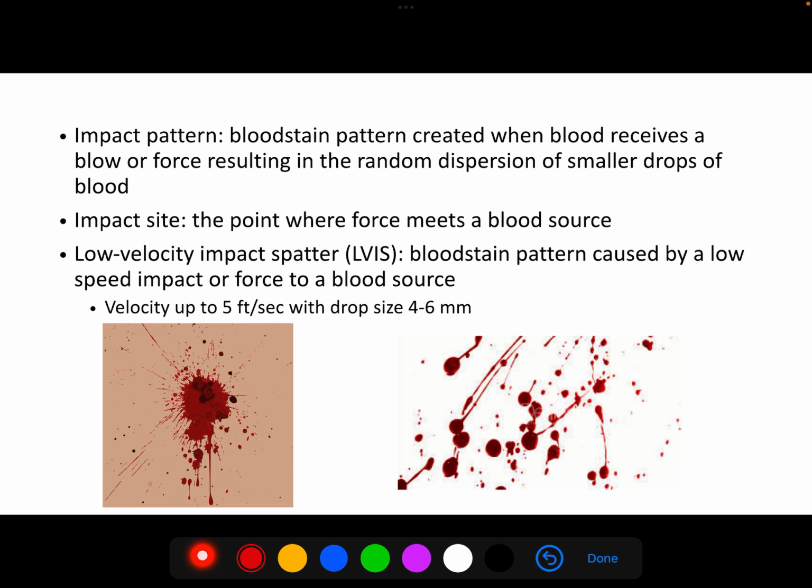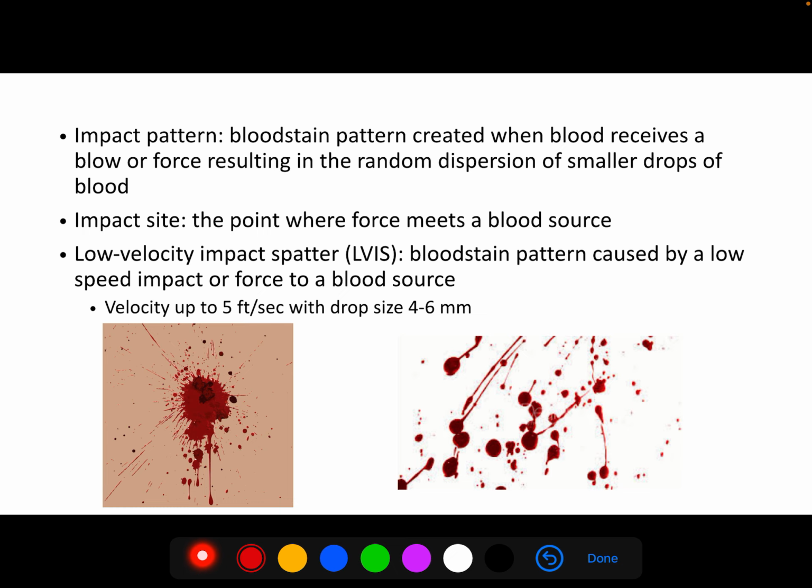We encounter impact patterns. You may have seen an impact pattern whenever we mentioned the cast-off patterns earlier, but this is a bloodstain pattern created when blood receives a blow or force, resulting in the random dispersion of smaller droplets of blood. So this is where someone already has a wound from the first impact from a weapon, and then they are hit again with the weapon.